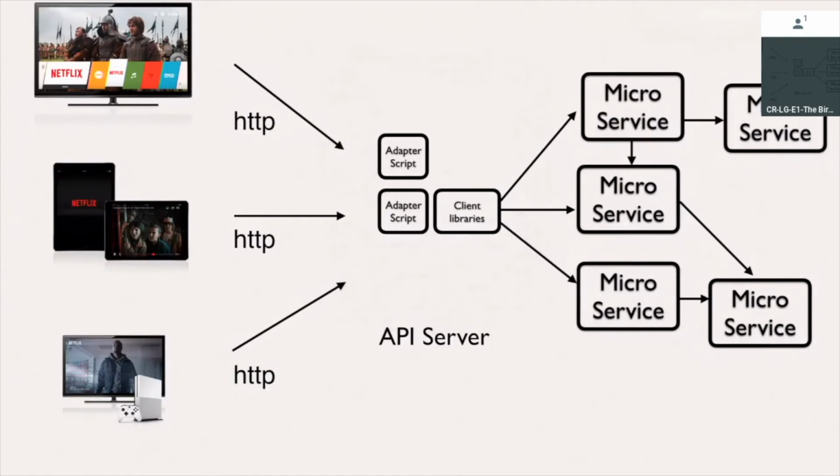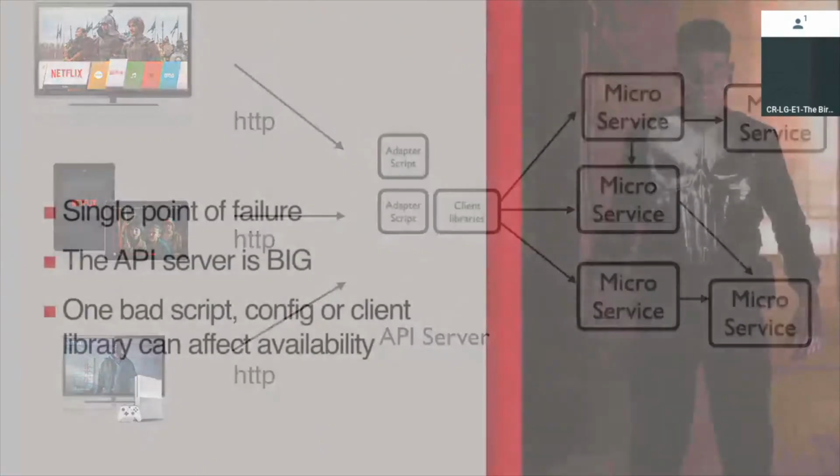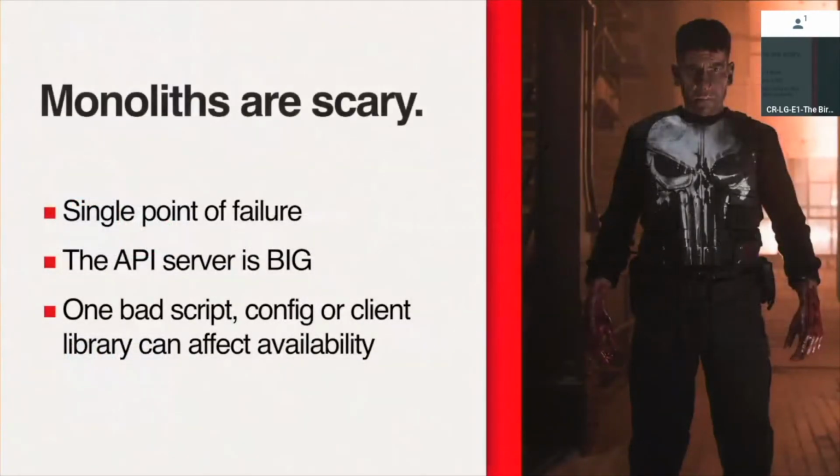And of course, if the API server goes down, Netflix doesn't work anymore, and that's kind of a problem. And just the fact that we have a single point of failure for all those different devices, that's kind of scary.